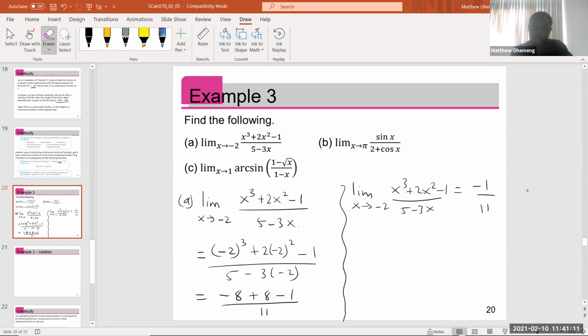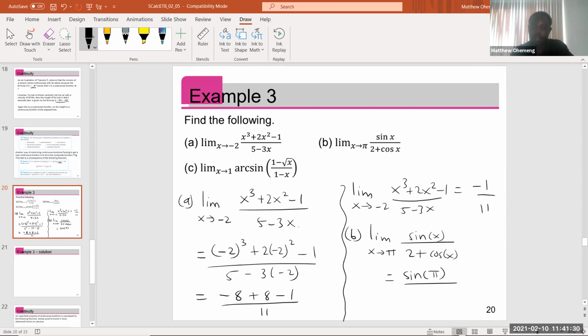So for B, remember for continuous functions, you are just plugging in, right? For B, we have the limit as x approaches pi of sine of x over 2 plus cosine of x. So I try plugging in. I have sine of pi over 2 plus cosine of pi.